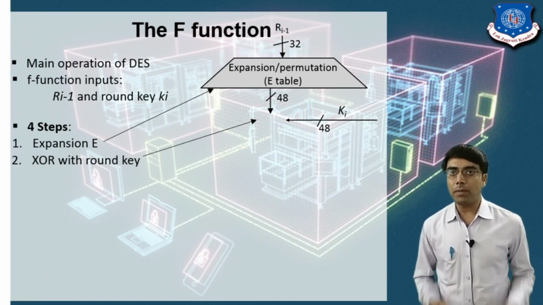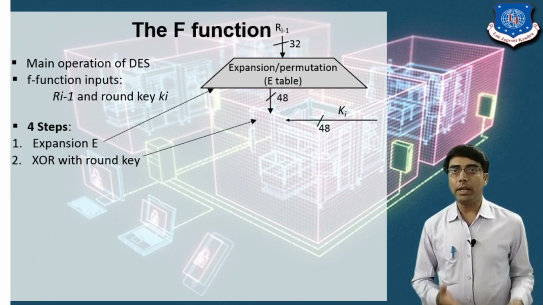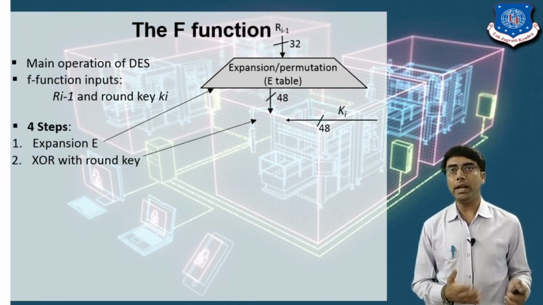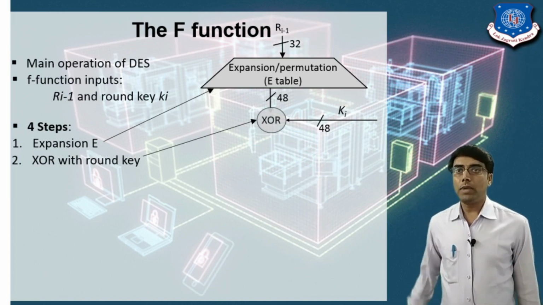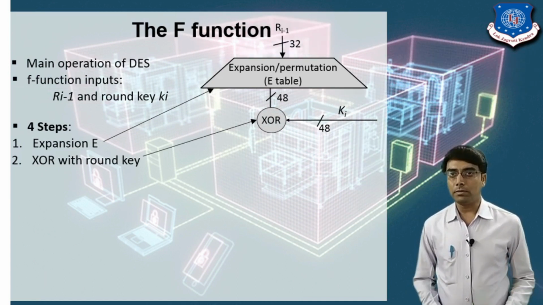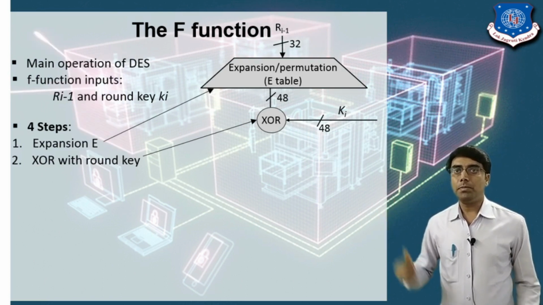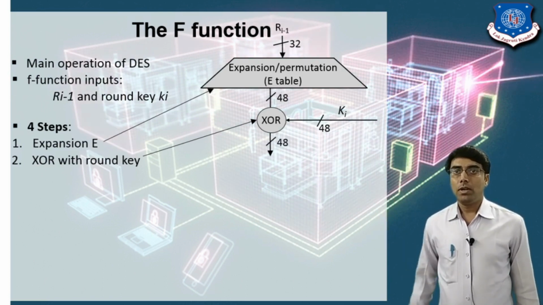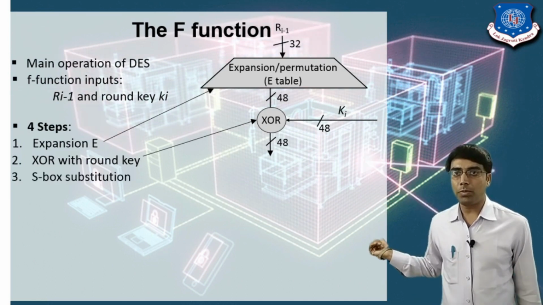Using the expansion permutation, we convert the 32-bit right plain text into 48-bit plain text. So now we do the XOR operation between the key and the output generated from the expansion permutation. After applying the XOR operation, it generates a 48-bit output.